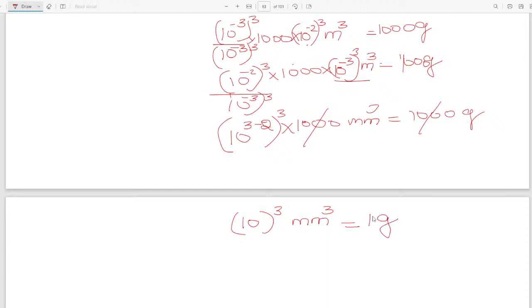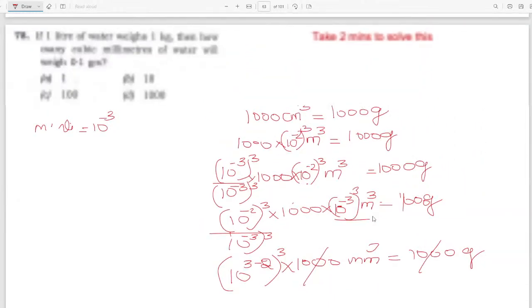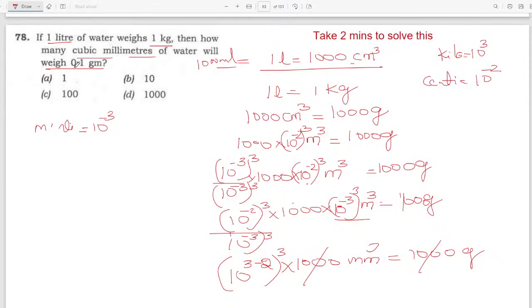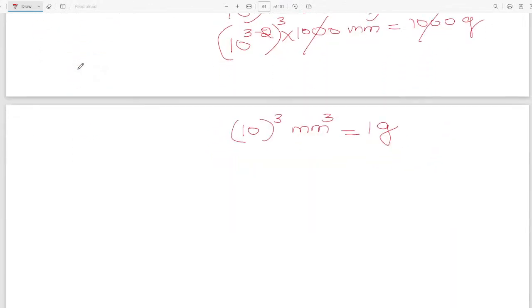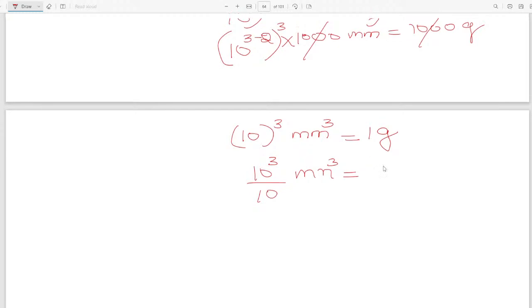Now they are asking us 0.1 grams. Not 1 gram, they are asking 0.1 grams. So if I divide both the sides by 10, this will be 10 raised to cube divided by 10 raised to 2. And 10 millimeter cube is equal to, if I divide this 1 by 10, this will be 0.1 gram.